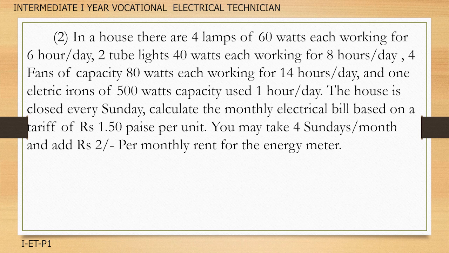The house is closed every Sunday. Calculate the monthly electricity bill based on a tariff of 1 rupee 50 paisa per unit. You may take 4 Sundays per month and 2 rupees as monthly rent for the energy meter.